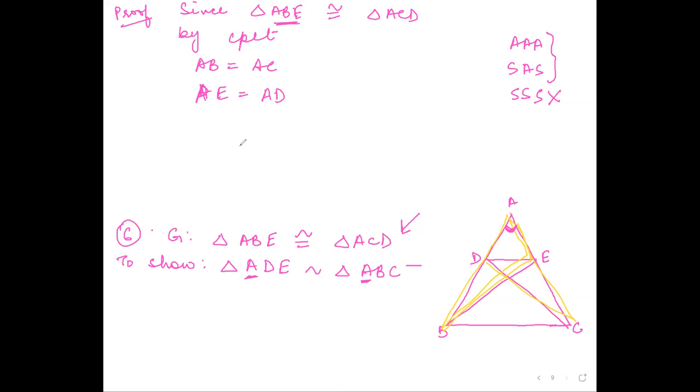No, AB is equal to, wait, if I want to show the two triangles to be similar.